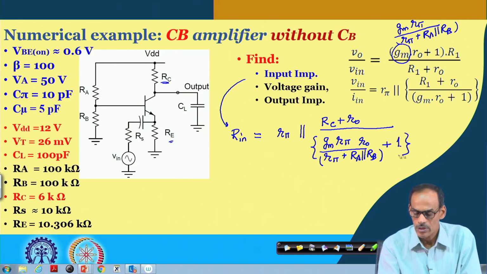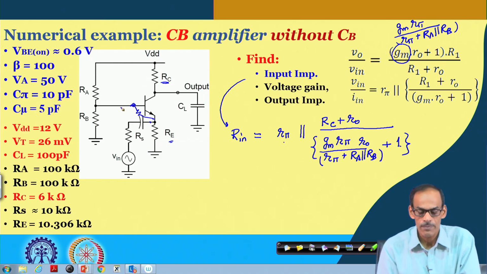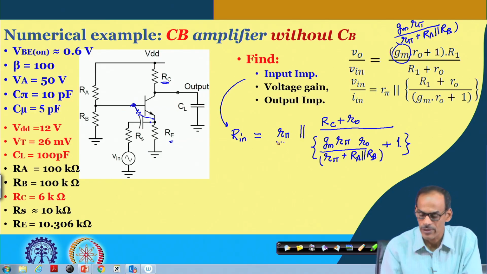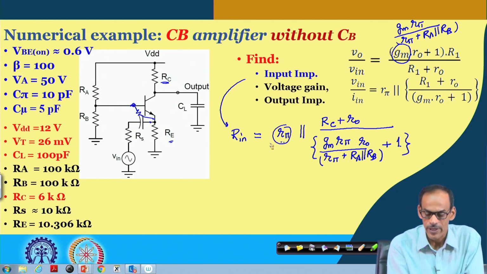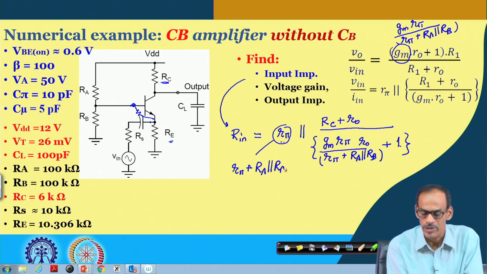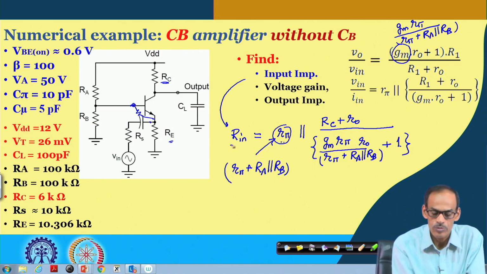And also you can see, whenever we consider input resistance, earlier we had R pi here and the base node was connected to AC ground, and that is why we were taking this R pi. Now, instead of R pi, we should replace it by this R pi in series with R a parallel with R b. If I replace this R pi by this, then we can get the input resistance.